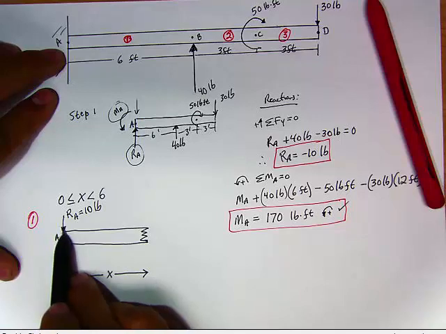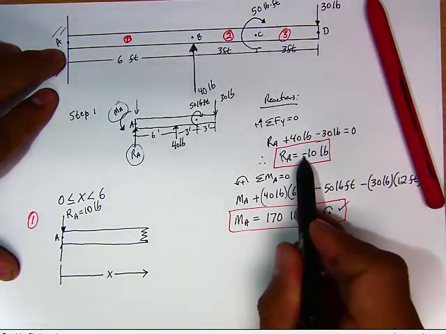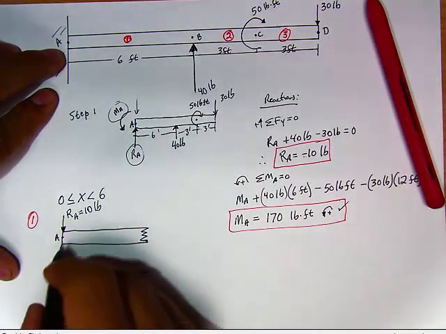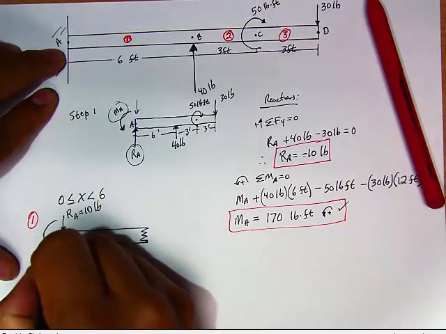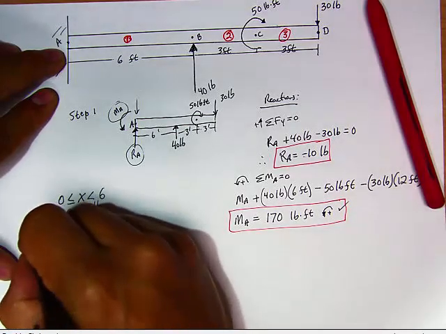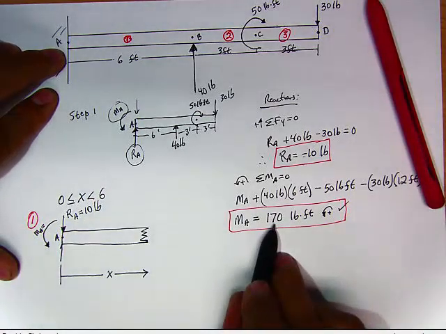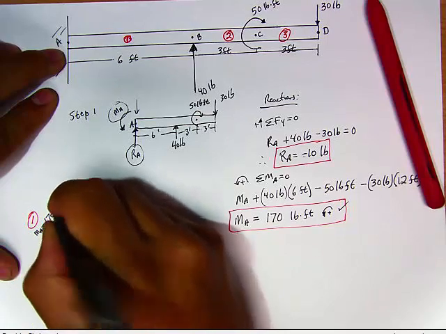By making it point down, it is already accounting for this negative value right here, right? Because we originally put it up. So there you go. RA is already in its proper direction. MA, we had it right in the first place. It's counterclockwise. It has a magnitude of 170 pound-feet.